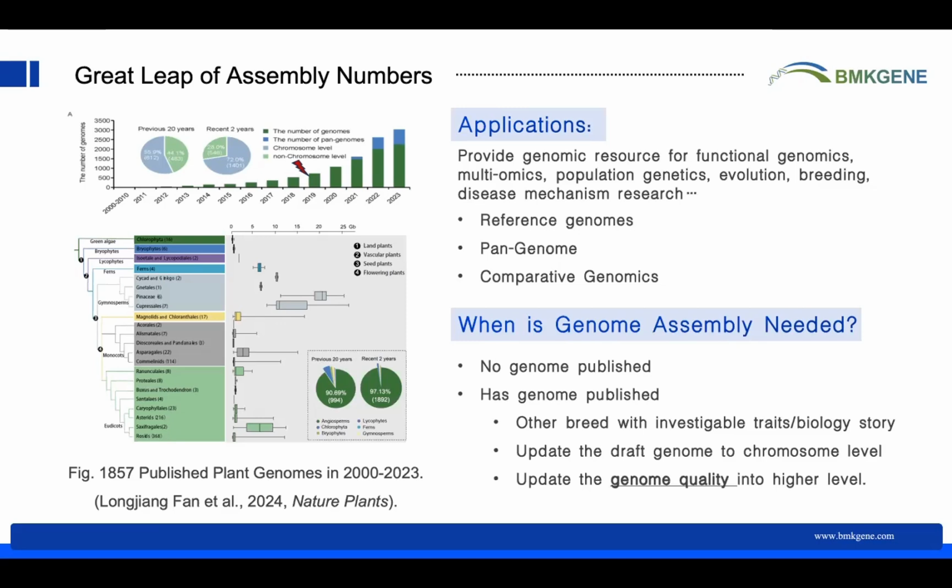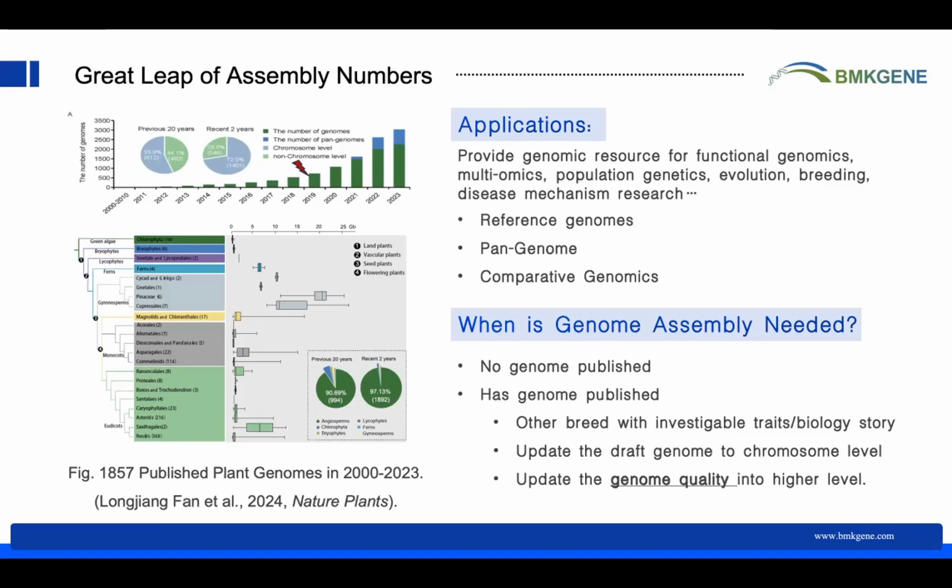After you get the reference genome, all the downstream analysis from your group or others will use this reference genome. But if your studied species has been published with a reference genome, you can also have the chance to assemble another genome. Here are three cases.